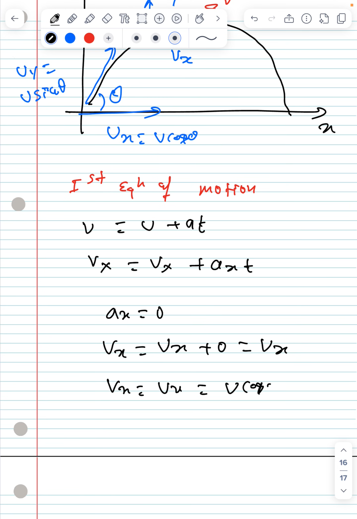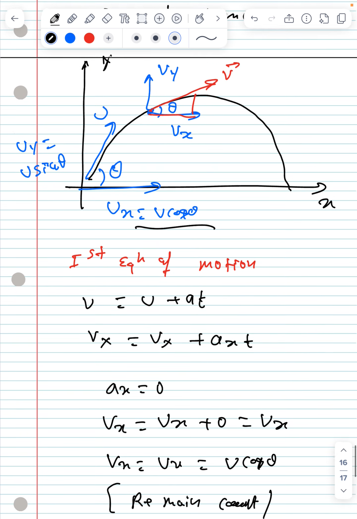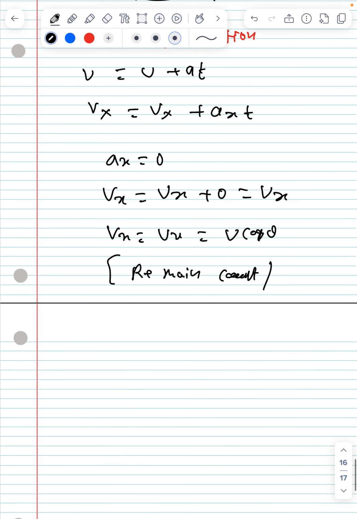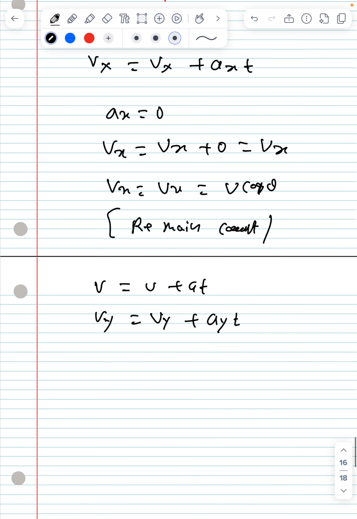Along the x axis, vx equals ux plus ax times t, and the value of ax equals 0, so vx equals ux, equal to u cos theta, meaning it remains constant. There is no change in the horizontal component of projectile velocity.